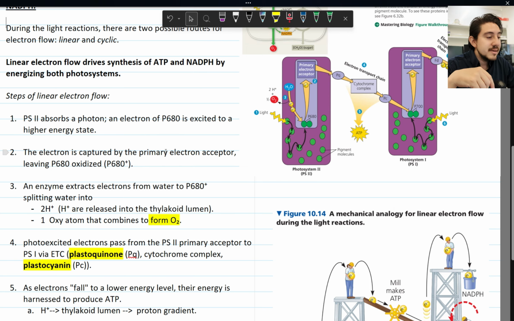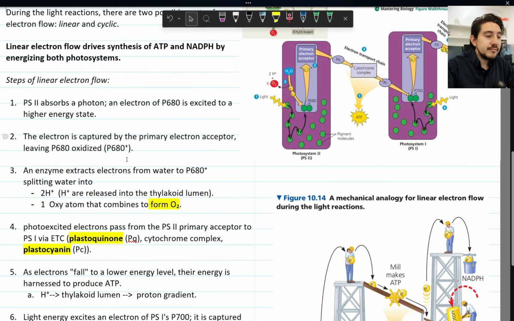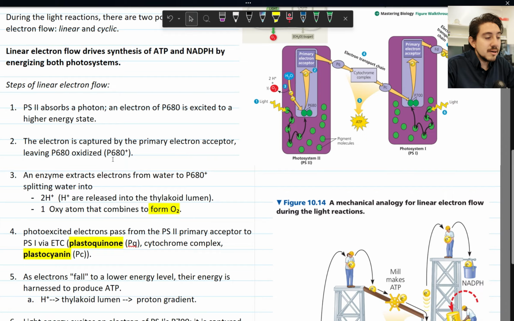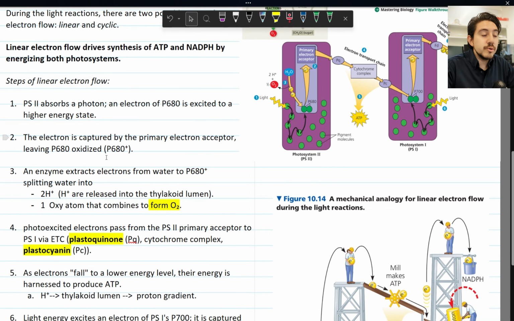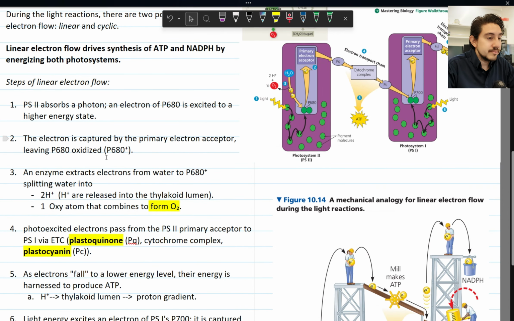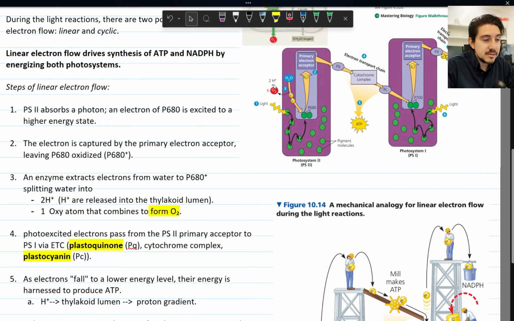This electron gets passed down, and then it'll go onto the electron transport chain. Okay, P680 gets oxidized to P680 plus, of course, because you're removing that electron. Now, what happens here, if you see on step number 3, is where the water molecule comes into play in the process of photosynthesis.